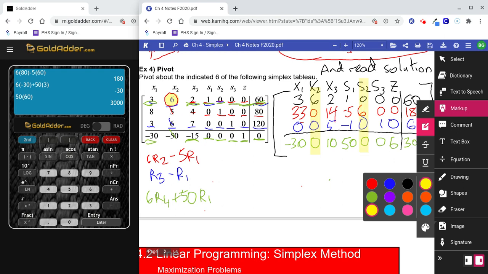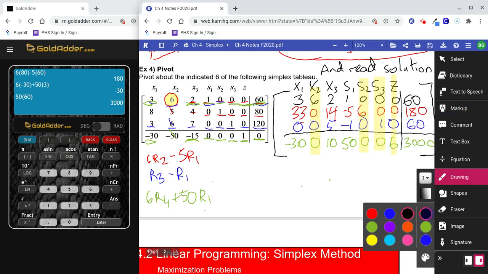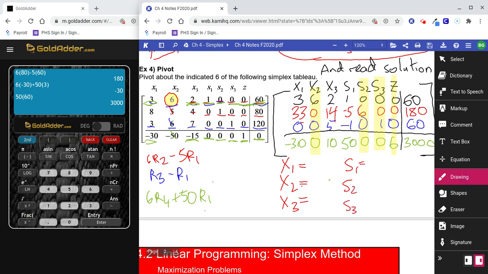Basic, basic, basic, and basic. Okay. So looking at the solution here, you've got x1, x2, x3, S1, S2, S3, and Z.